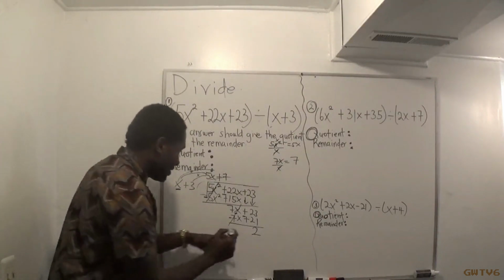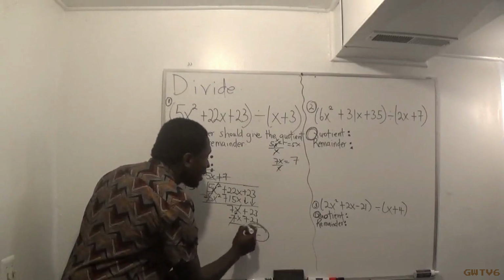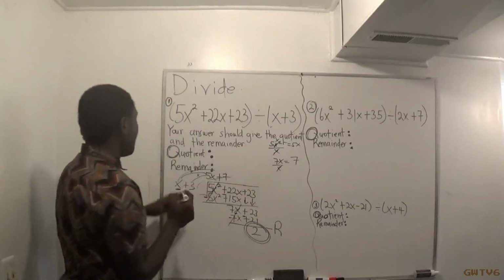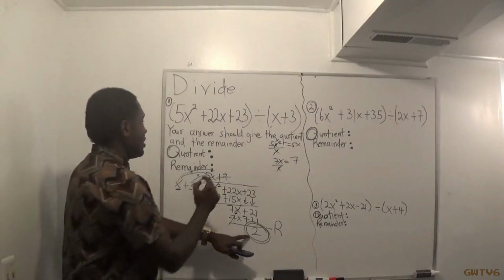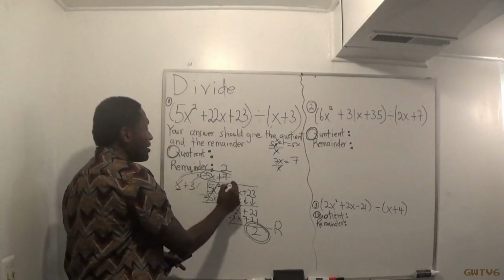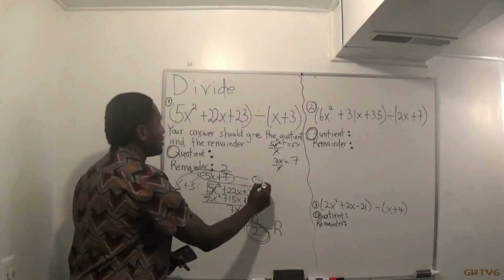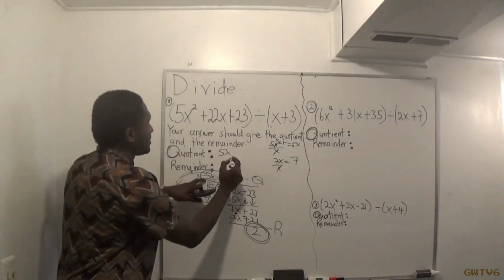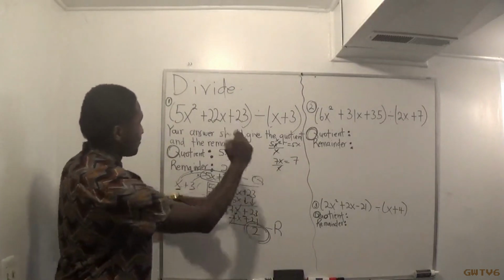And always this right here is my remainder. So that means my remainder is 2. And always what I have right here is my quotient. So that means my quotient is 5x plus 7.